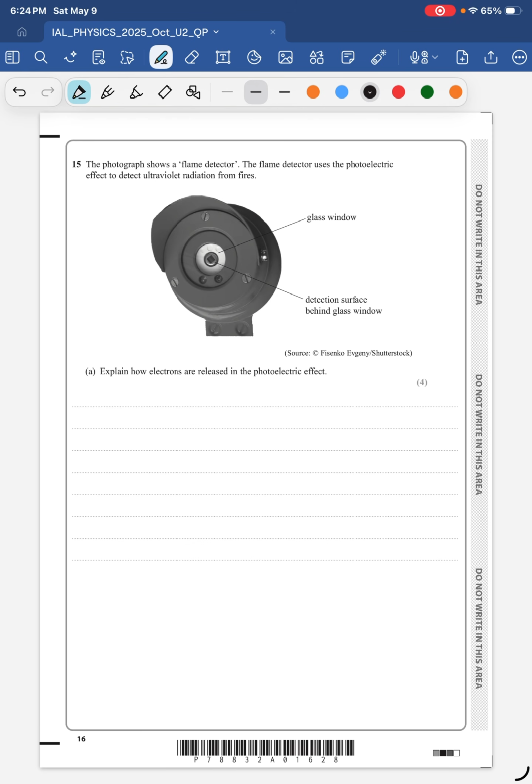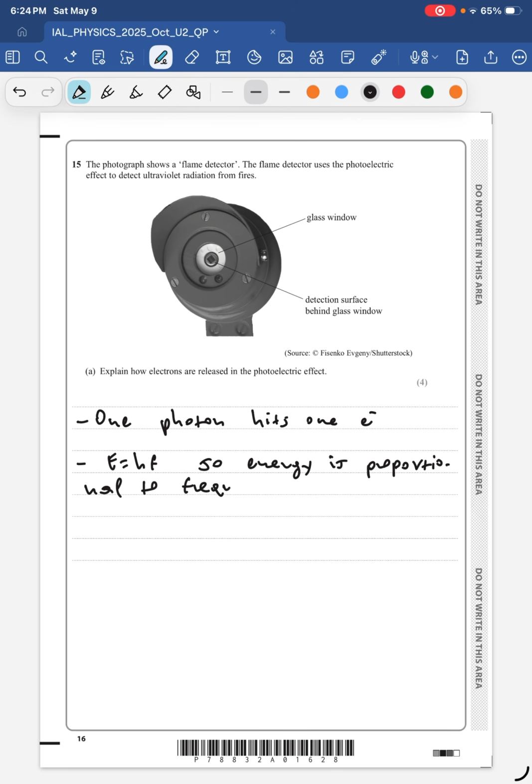Part A asks to explain how electrons are released in the photoelectric effect. So, one photon hits one electron. That's the first step. The energy of the photon is h times the frequency, so energy is proportional to frequency.